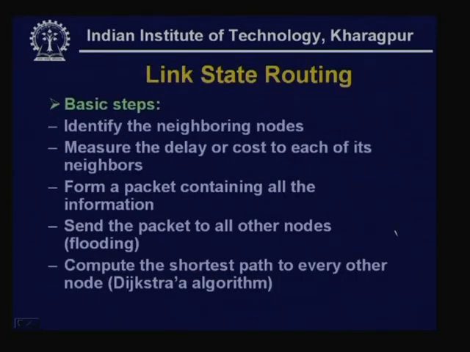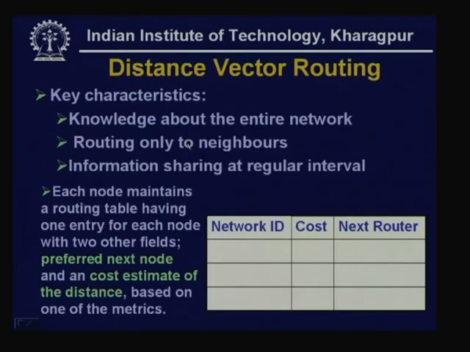Then comes the link state routing. In link state routing, the basic steps are: identify the neighboring nodes, and measure the delay or cost to each of its neighbors. In the previous case, knowledge about the entire network was gathered in distance vector routing, so distance and cost vectors were maintained.